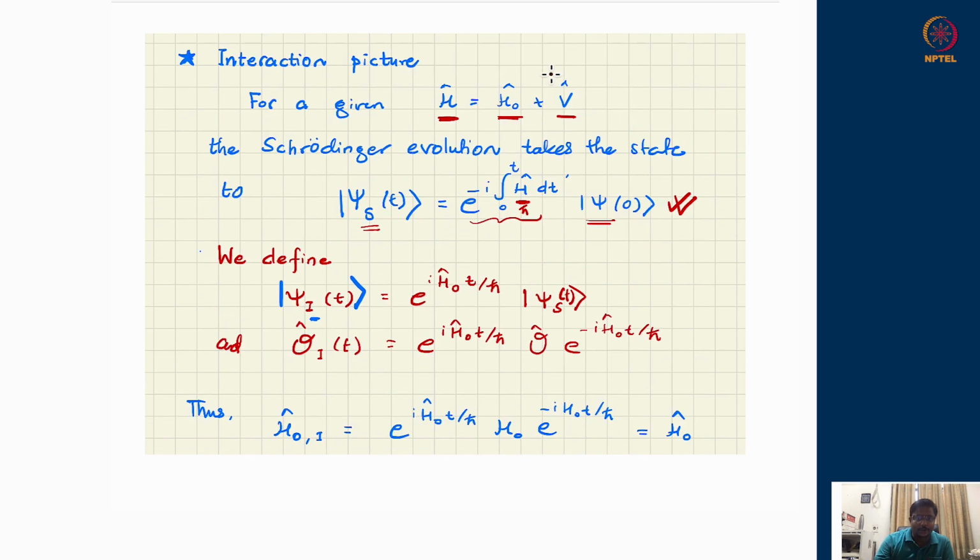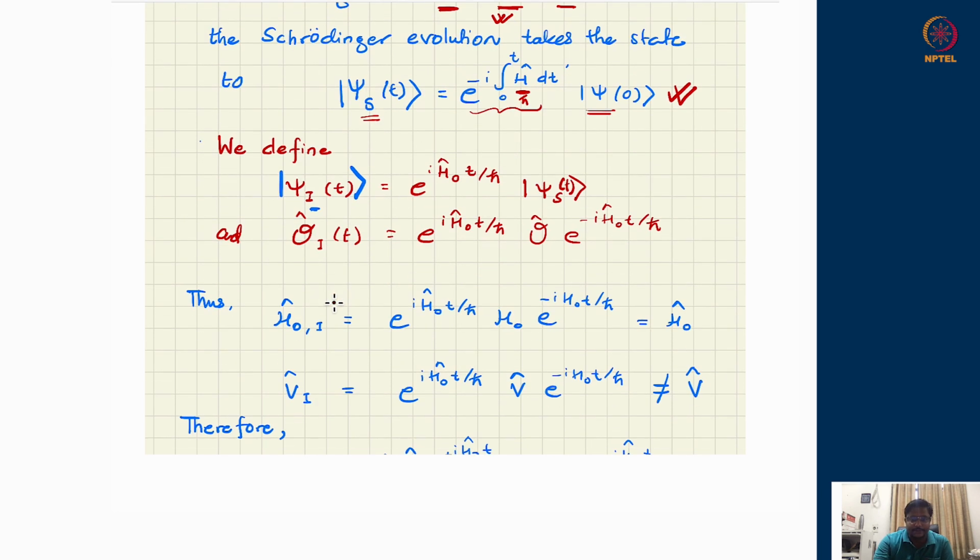Remember, H naught was just one piece of the total Hamiltonian. So the exponential of that piece, which I exactly know how to solve, hits the wave function psi S, and whatever I get, I define as psi interaction, psi I.